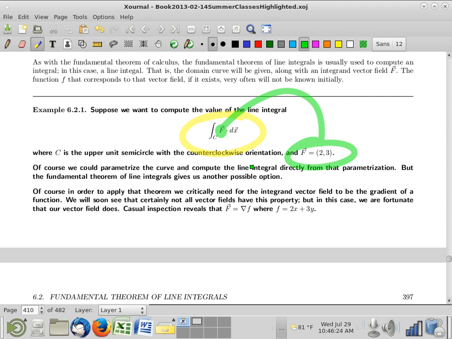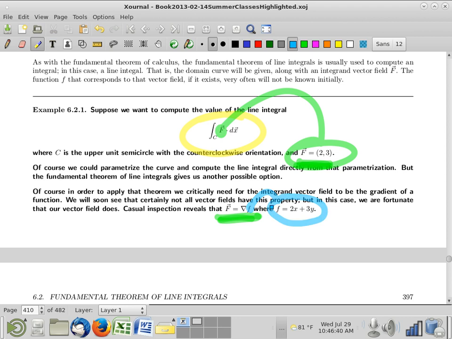Fair amount of work. The clever move here is to realize that this vector field is the gradient of a particular function, namely that function there.